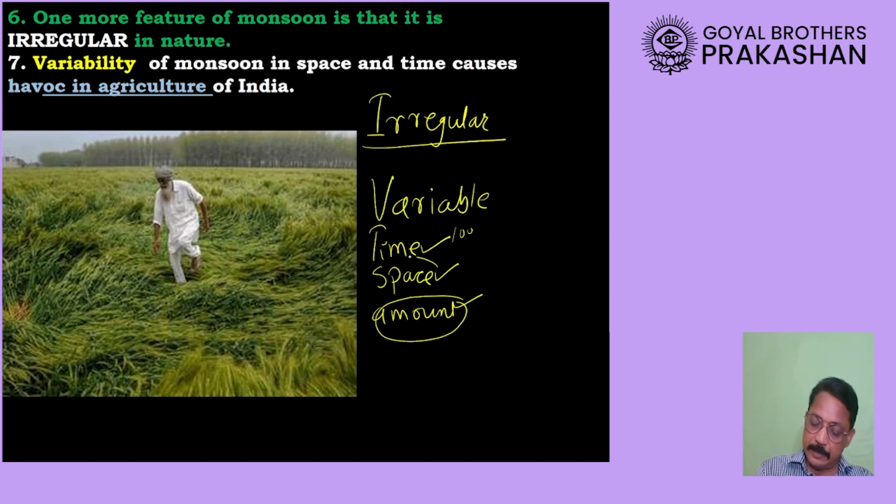And third thing, it is variable in space. That means from place to place, the amount of rainfall in India is not the same. For example, in Mawsynram region, Cherrapunji region, the rainfall is more than 1100 centimeter. Whereas if you go to the western side of Rajasthan, where Thar desert is located, the rainfall is about 25 centimeter.